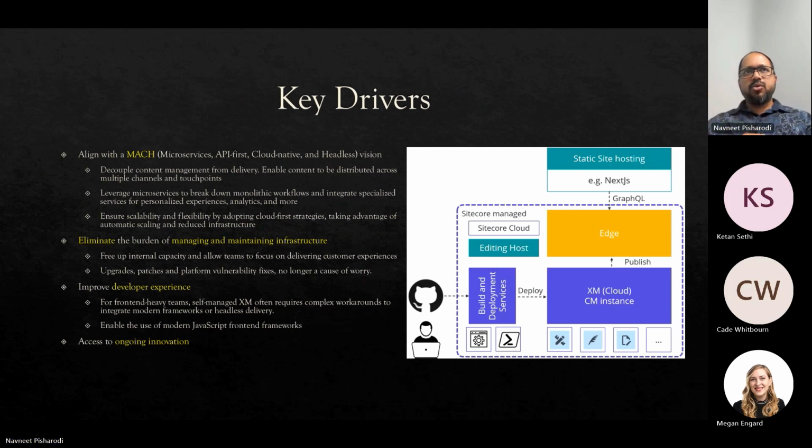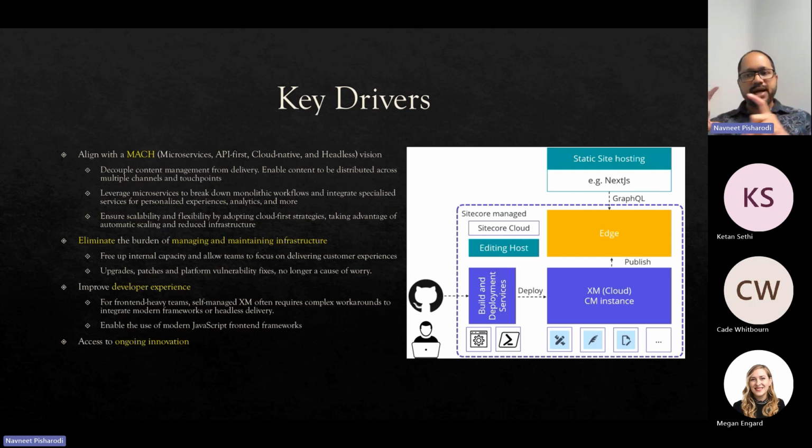So one of the key drivers was that we wanted our teams to focus on delivering customer experiences rather than maintaining and managing platform and infrastructure. And you'll see that static site hosting, and it necessarily doesn't need to be a static site. It can also be server-side rendering, which means it can also be a dynamic site with no caching at all.